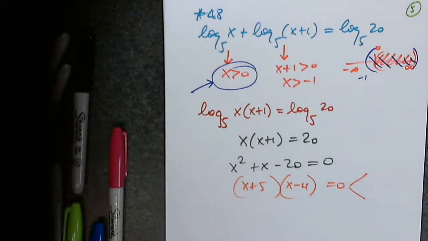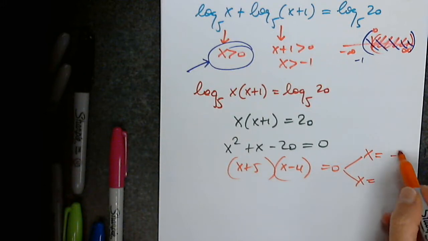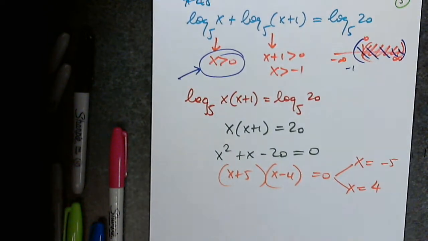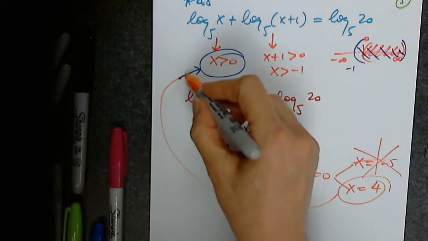So there are 2 options. See how elegant stating the domain is? I don't have to go to the hassle of going back to check anything. I can tell which one works and which one has to be dropped. Does the first one work? No. This is the only one.